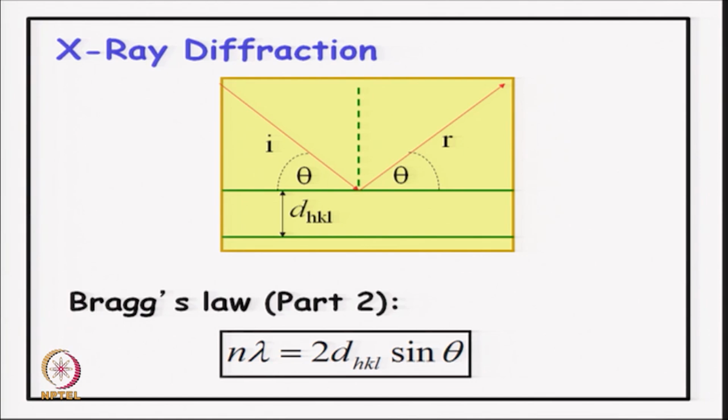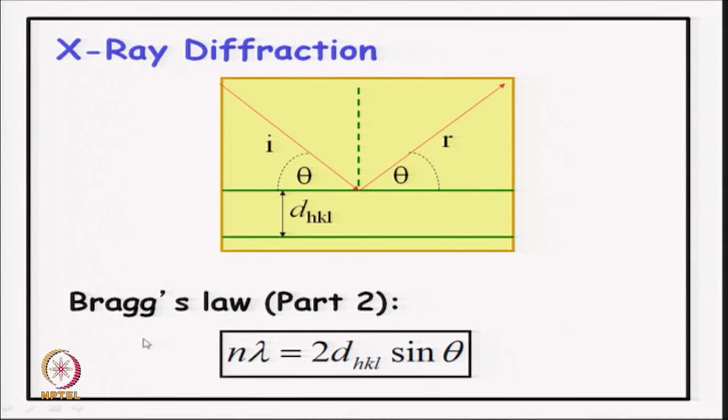But the real intellectual jump in Bragg's use of X-ray diffraction was the first part, of interpreting the diffracted beam as a reflection. Once it is interpreted as reflection, we have a set of parallel lattice planes with some spacing d_hkl, and there is an incident angle theta with respect to that plane.